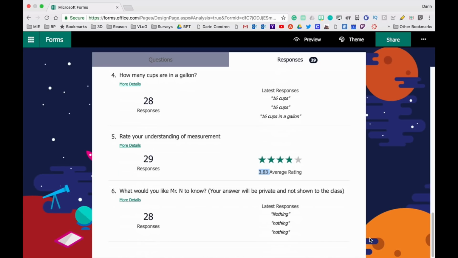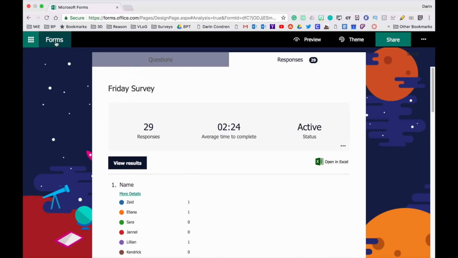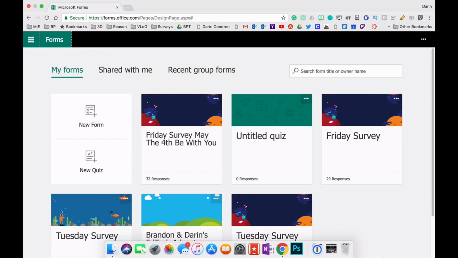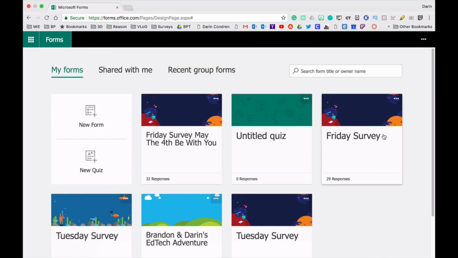And then that last question again, you can see nothing, nothing, nothing. If they have anything that they'd like to say to me, they find it there. Microsoft Forms, guys. There are many, many other tutorials that will show you how to set up a form. This is just one way that I use it for grading and reporting, and really to get information from my class in a quick and efficient way.